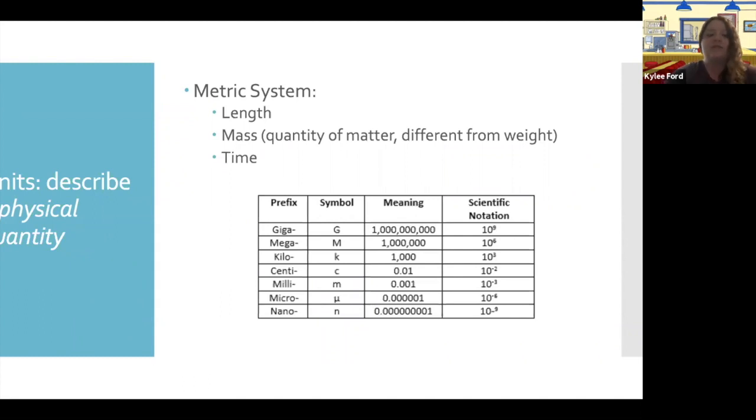They describe a physical quantity. Let me give you guys an example. Say you want to go to the store and you're saying, oh, it's 20 that way. What? 20 what? 20 what that way? It could be 20 minutes that way.